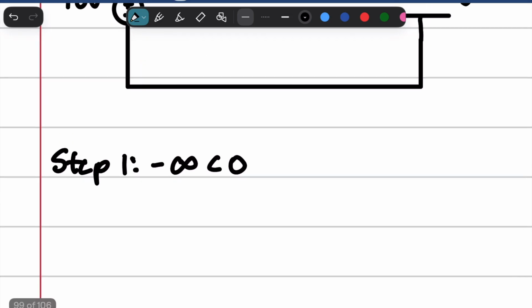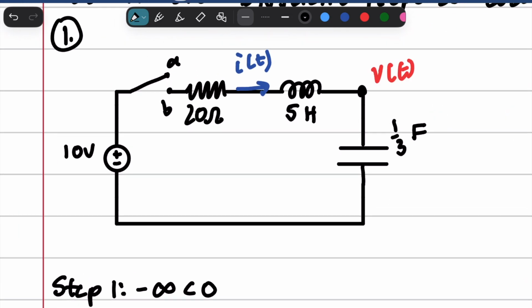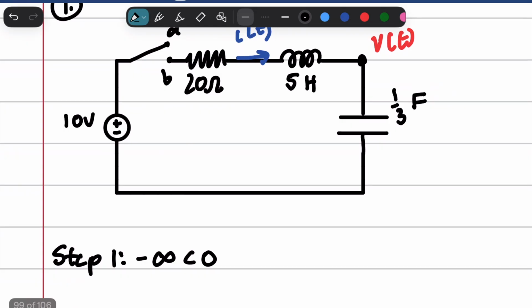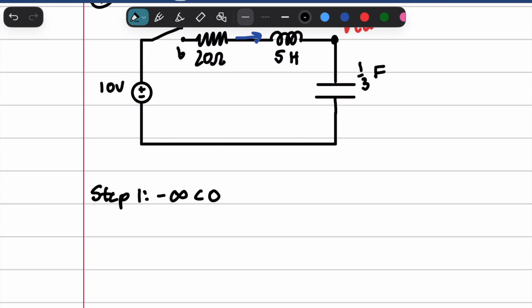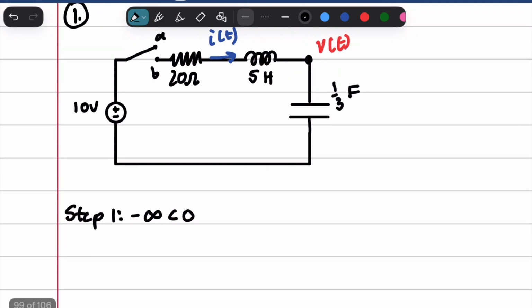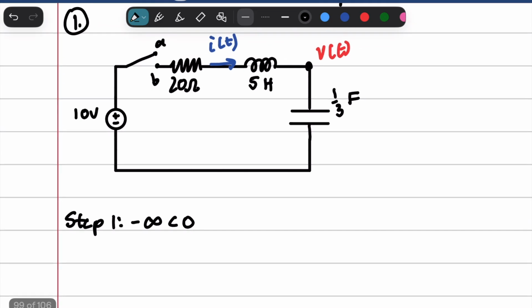And this is just a regular series configuration for RLC, the one that we use to derive the underdamped, overdamped, and critically damped scenarios for a series circuit. There is one for the parallel circuits, but this one is the easiest one. So, all right, let's go ahead and see what this looks like.